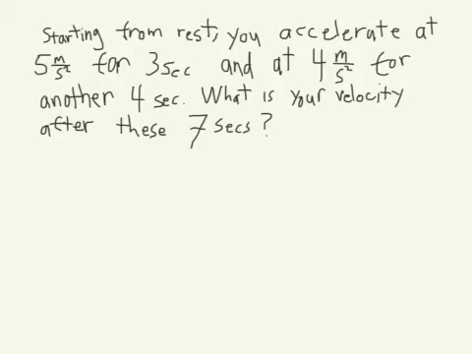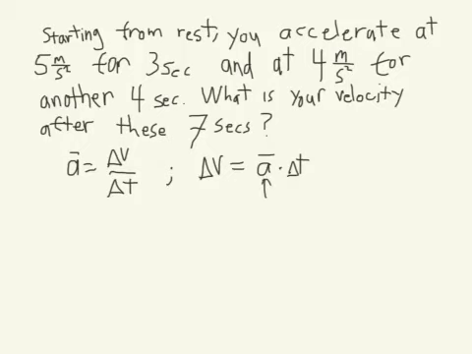Well, the first thing I think of when I see acceleration and time, and you want to know velocity, is that those 3 variables are related by this equation. And we can rewrite this equation, manipulating the variables a little bit, to write it in terms of change in velocity. If we wanted to, we could just find the average acceleration and plug in 7 seconds for time.